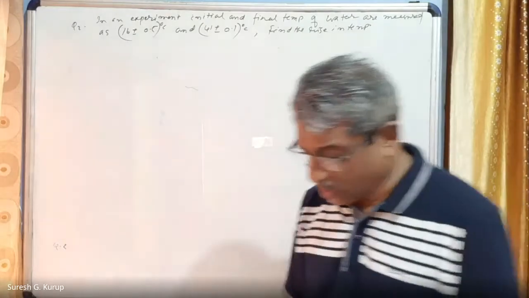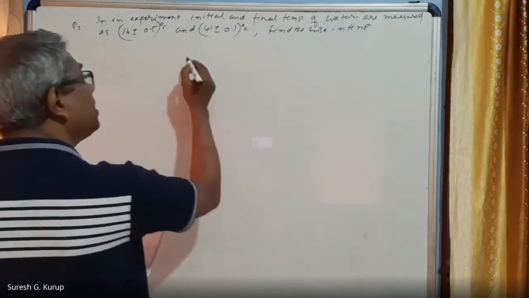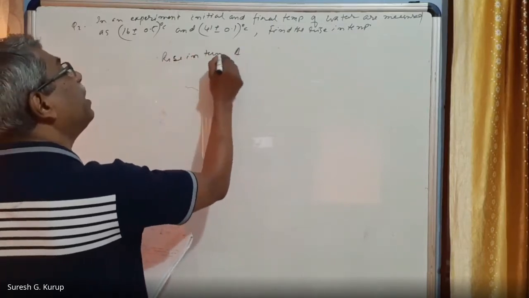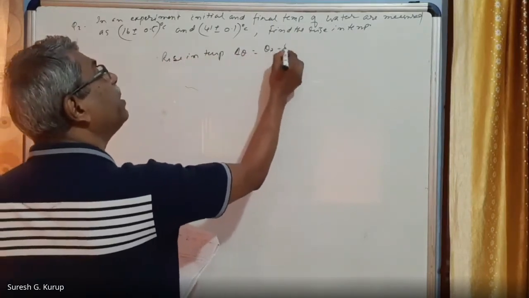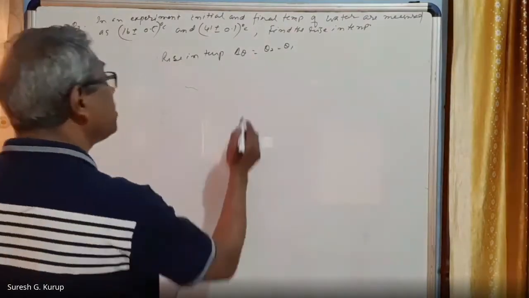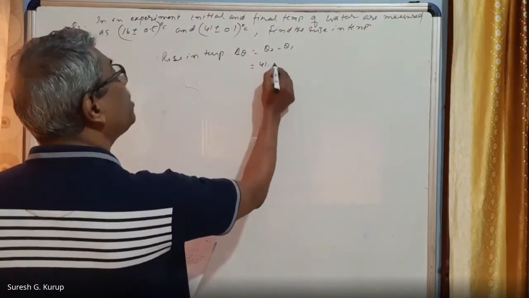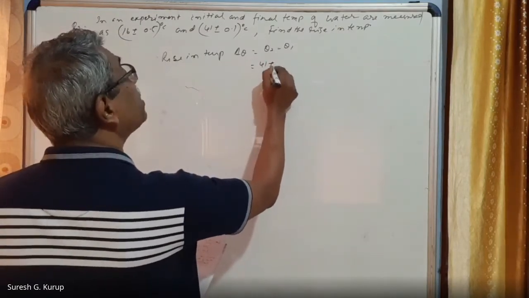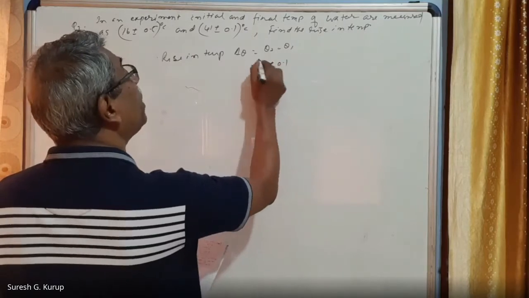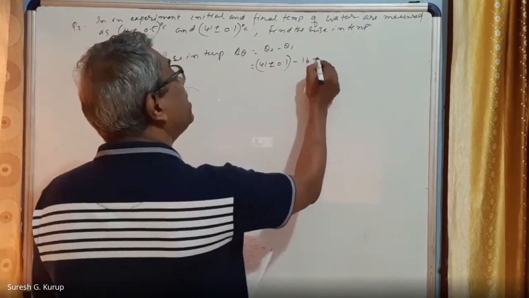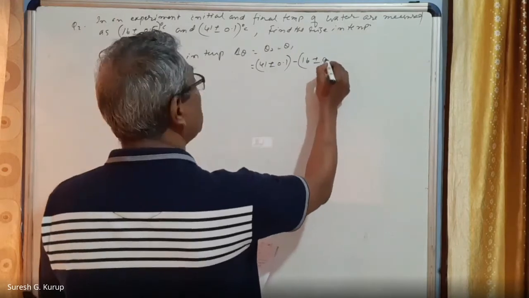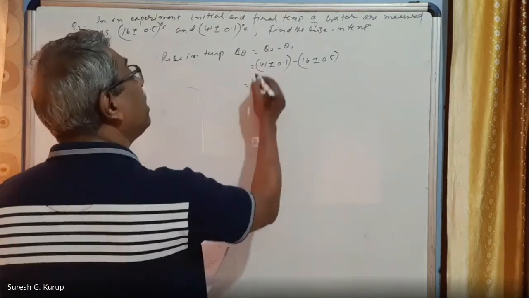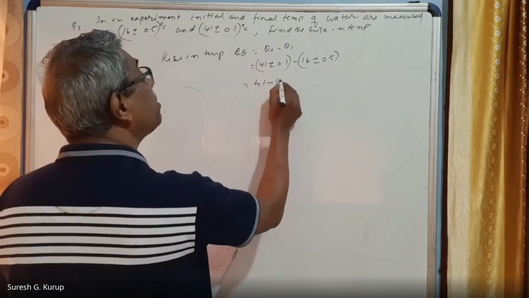So in this case, what we can write is: rise in temperature, delta theta is equal to theta 2 minus theta 1. That is equal to 41 plus or minus 0.1 minus 16 plus or minus 0.5, right? This is equal to the real values; between real values only the difference is taken.